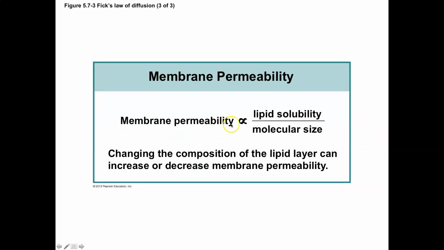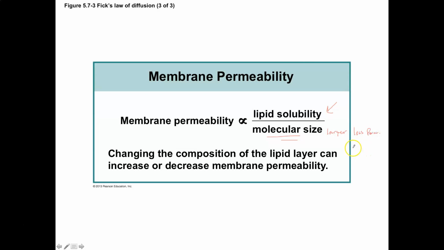Membrane permeability, as I mentioned, when you look at membrane permeability, we are definitely looking at lipid solubility. The more lipid soluble, the better the permeability is. Molecular size, though, has an inverse proportionality. So bigger molecules are going to be less permeable. The larger the molecule gets, the less permeable it becomes.